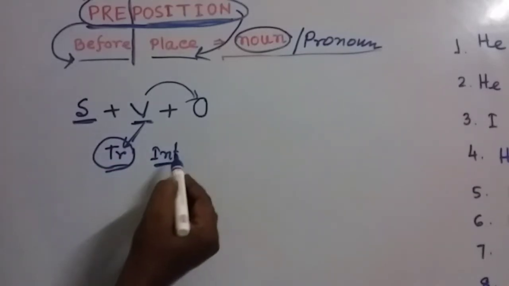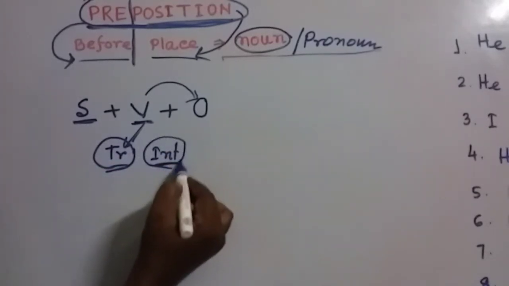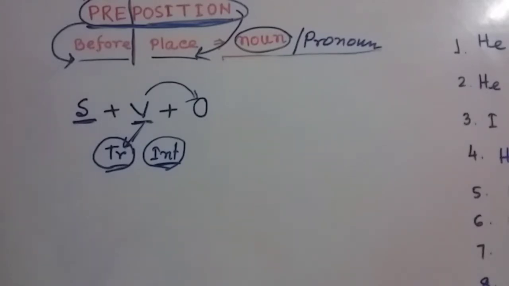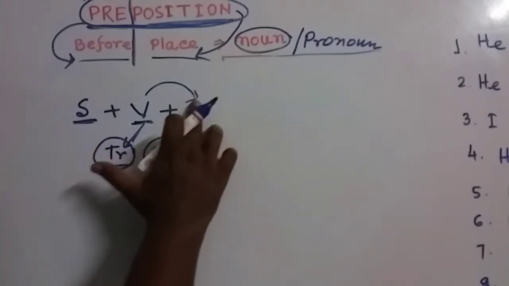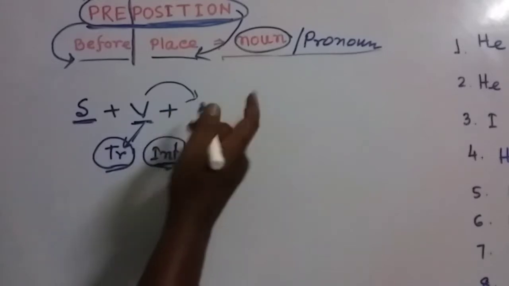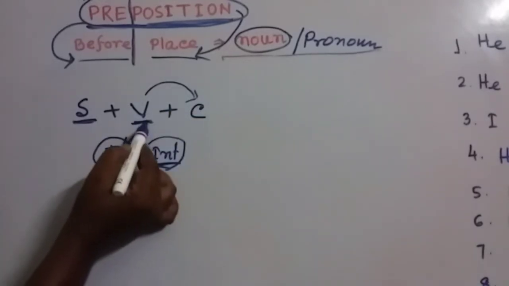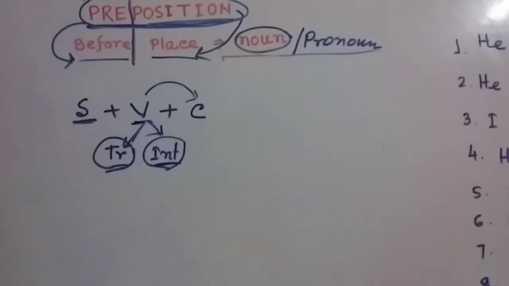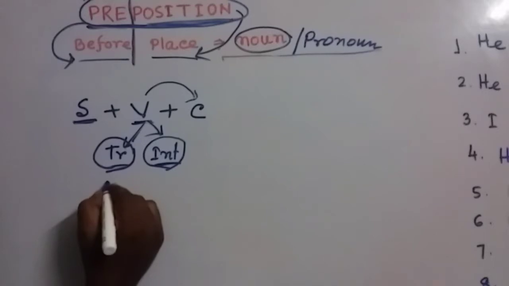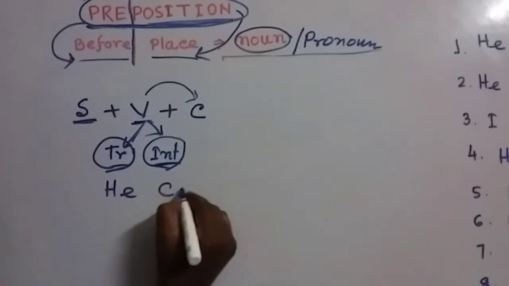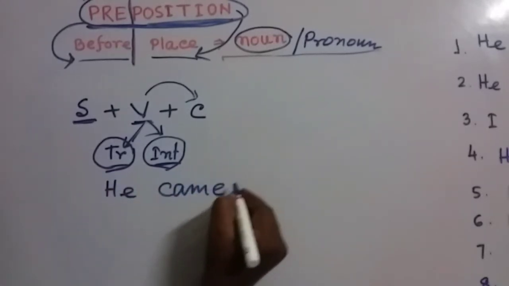And if there is no such object, at that time the verb will be called intransitive. Suppose there is no such object. Rather, there is the complement. So obviously this verb will be an intransitive verb. Just I am giving you one example. He came late.